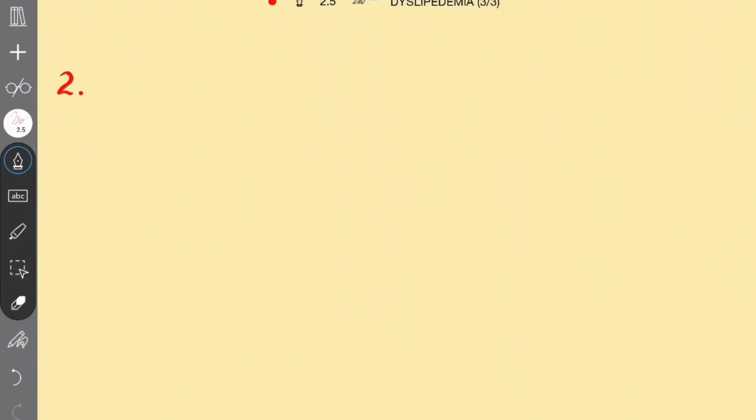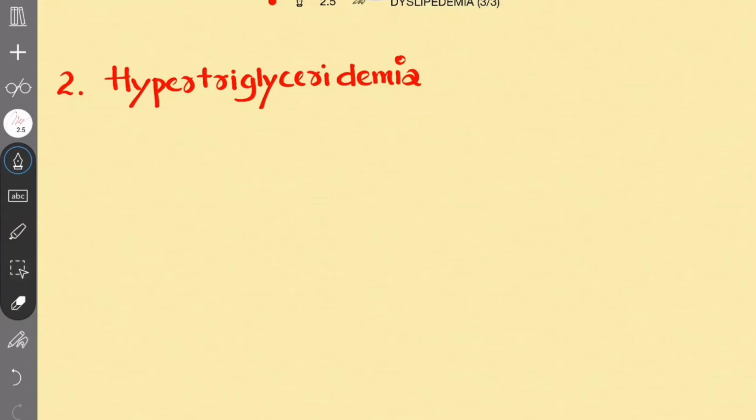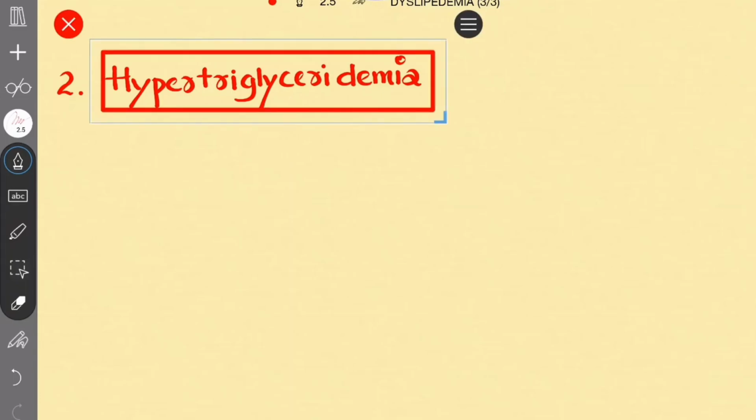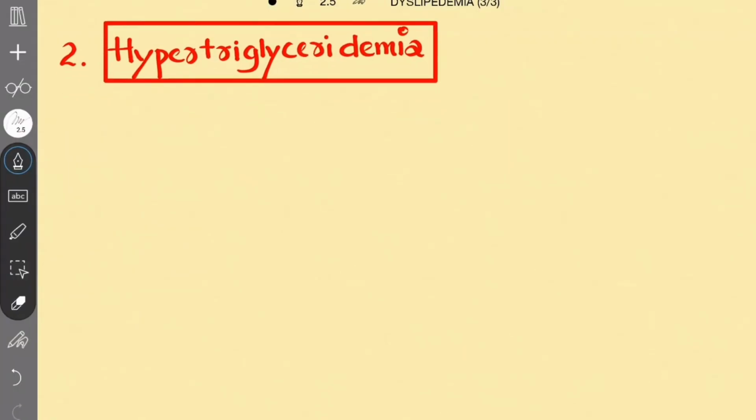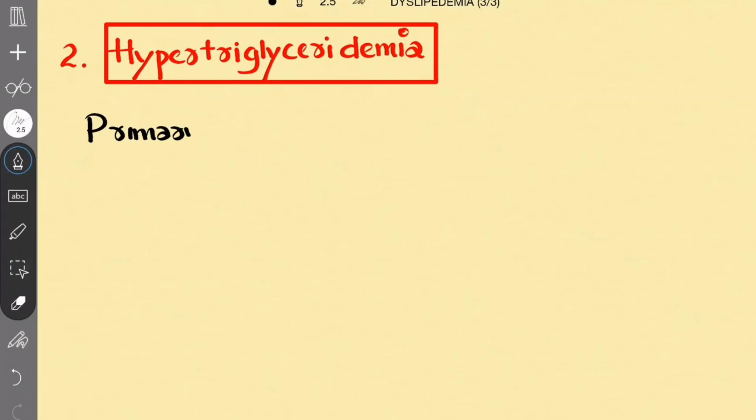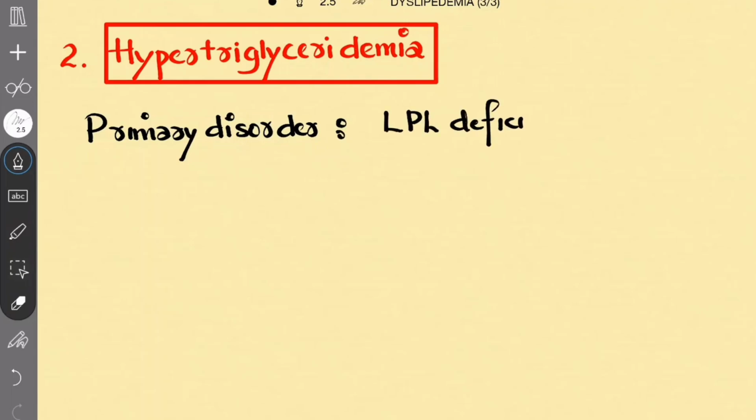Next comes another disorder called hypertriglyceridemia. A lipoprotein contains triglycerides and cholesterols and certain other esters and free cholesterols. In familial hypertriglyceridemia, what is the primary disorder? The primary disorder is lipoprotein lipase deficiency.